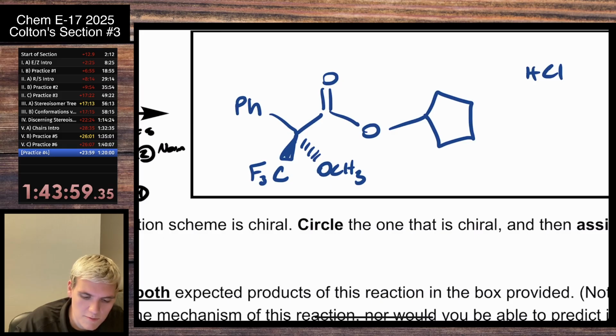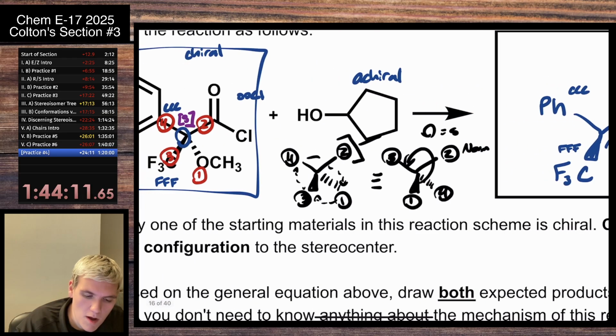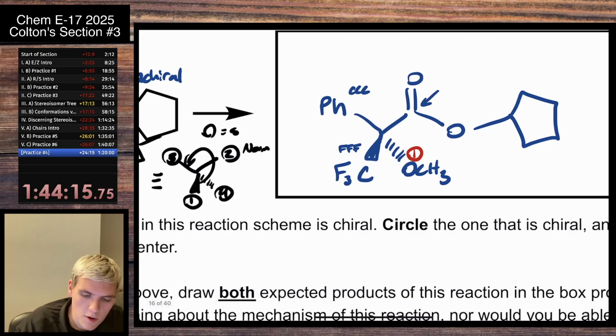So we said priority 1 is over here. And now let's look at the carbon. This one we said was C, C, C. This one's F, F, F. This one changes a little. Over here, it was O, O, Cl. But over here, it's O, O, O. So now without the Cl, who wins of these substituents?